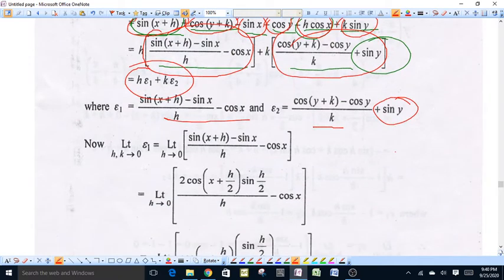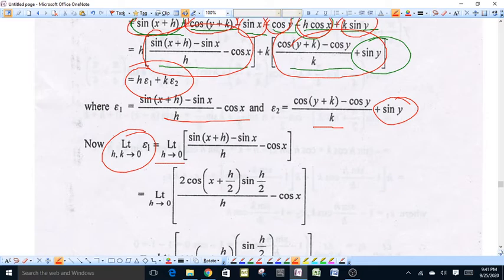Now, by taking the limit as h and k approach 0 individually, the limit of epsilon 1 will be equal to the limit as h approaches 0, because in epsilon 1 there is no term containing k.